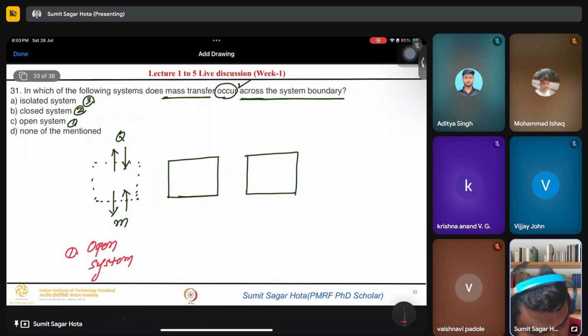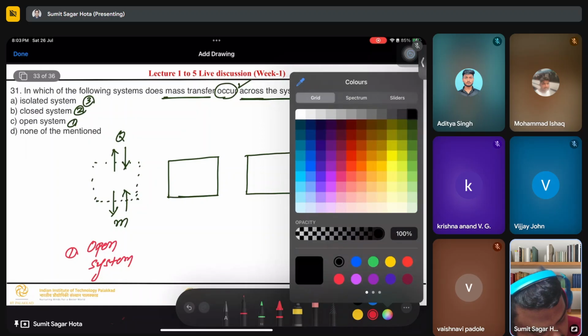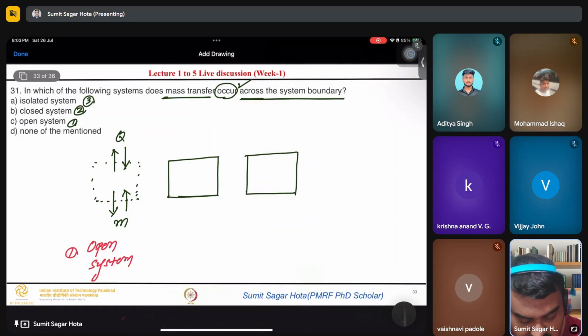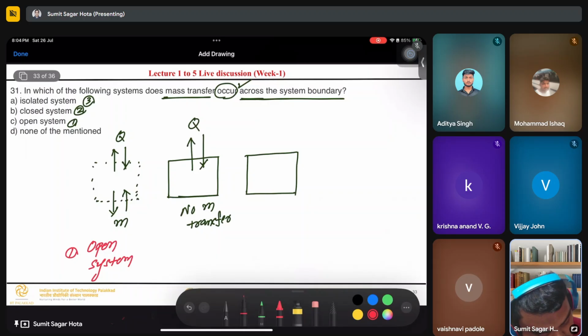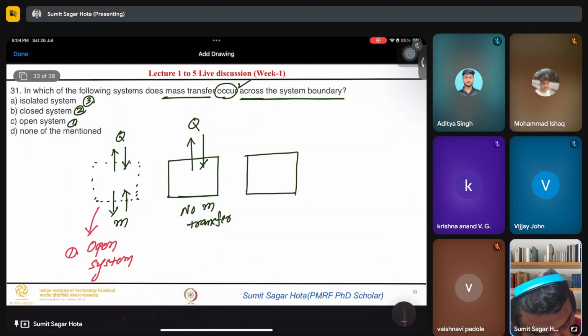Similarly, if there is a transfer of heat in and out of the system, but there is no mass transfer, then it will be a closed system.